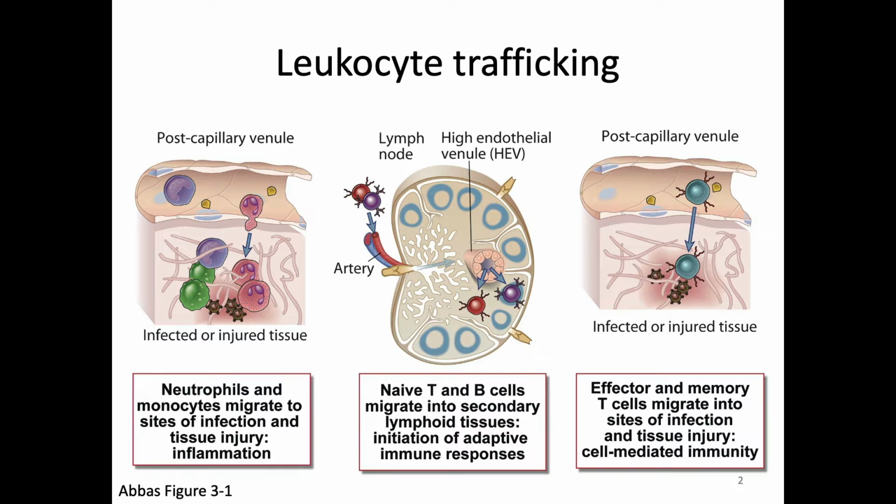The steps that I'm going to tell you about are key steps for that process, but it's the exact same steps that a neutrophil uses to go to a site of inflammation. It's the exact same steps that a T cell will take later in its life when it's activated in order to go to a site of infection.